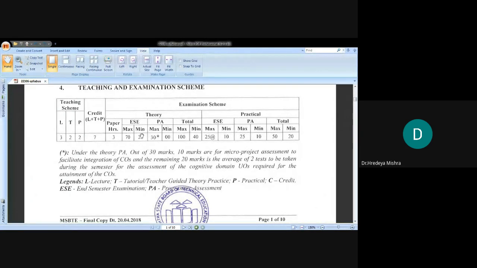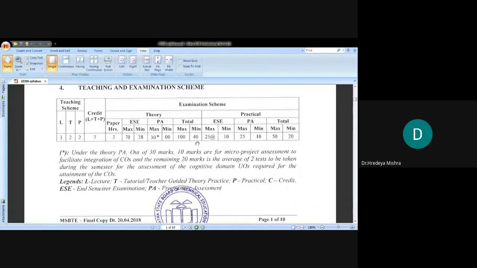Okay, so you need at least 40 marks from these two, that is, 70 and 30 make 100. Out of 100 you need 40 marks to clear the examination for this subject. Okay, see here, total 100 and minimum you need 40 marks.